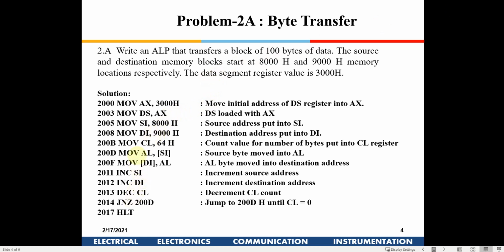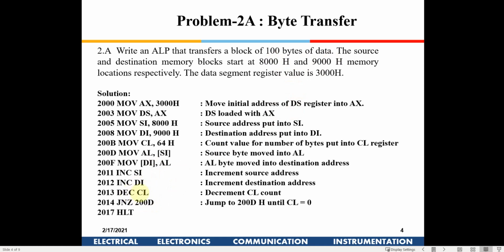So the first data gets fetched into AL, and then from AL it is moved to the location specified by DI, which is 9000. Now for the second data, I can increase the SI and DI values. Now it will go to 8001 and 9001.